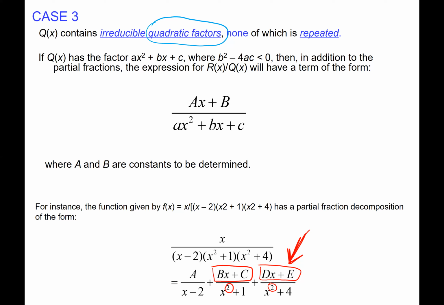Okay, Jeff is asking, will x in bx plus c change if we have something like 2x? No, doesn't really matter. We may even have 2x squared plus 1. Okay? That's also irreducible. You will still have to put just the linear form, fx plus g.